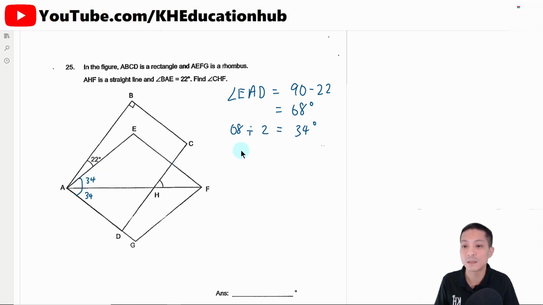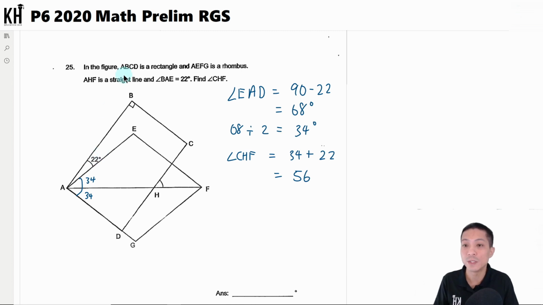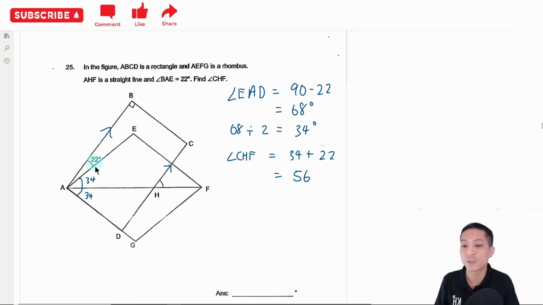Okay, then the last step to find angle CHF. Angle CHF will be 34 plus 22, which is 56. The reason is that these two lines are parallel to each other. So if you're familiar with your corresponding angles, this angle here will be equal to this angle here.